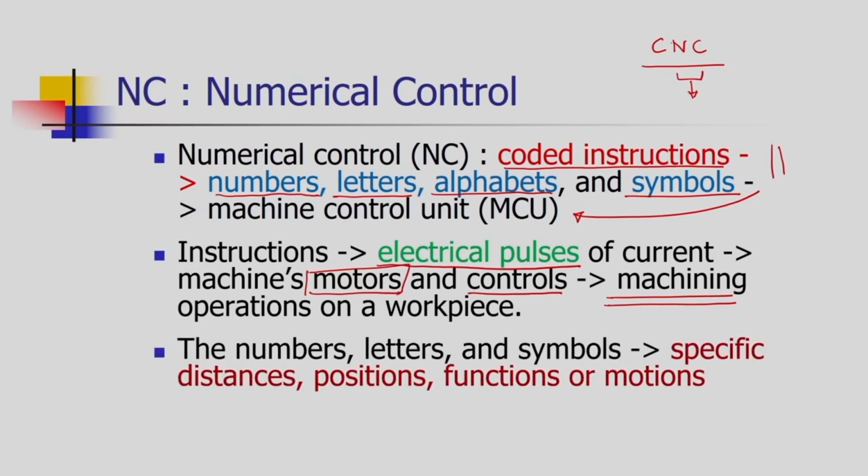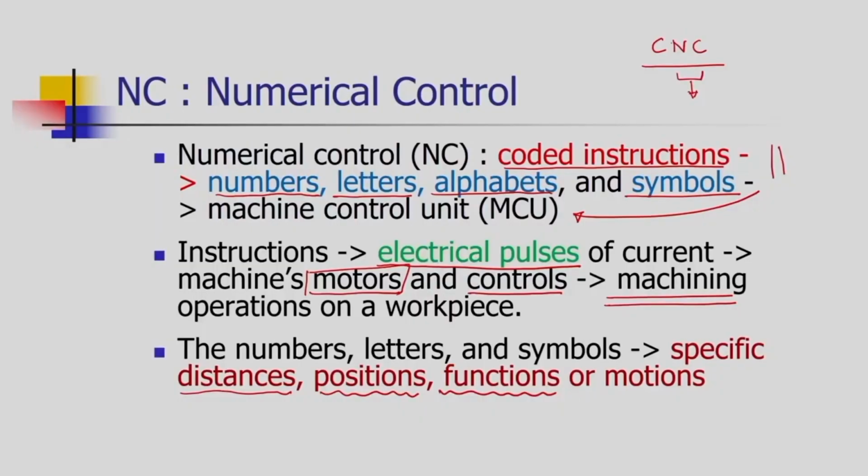What exactly are these coded instructions carrying? These instructions have information related to the distances, information related to the position, and information related to the activation of various functions to carry out various auxiliary operations such as coolant on, coolant off, safety door on, safety door off, changing of the tool.